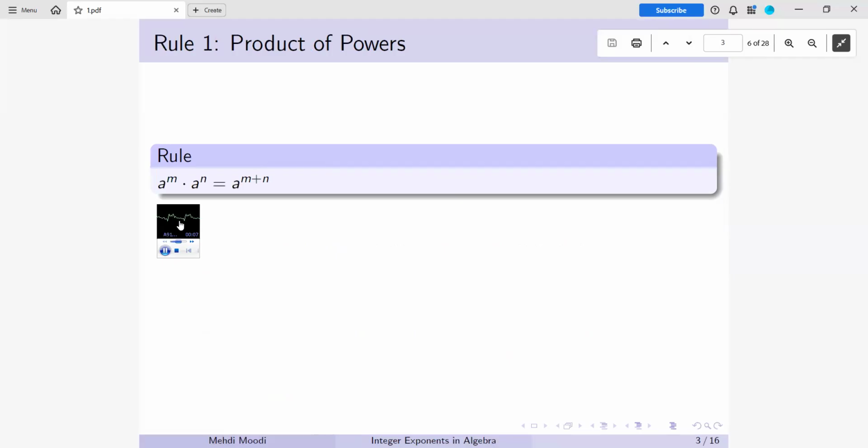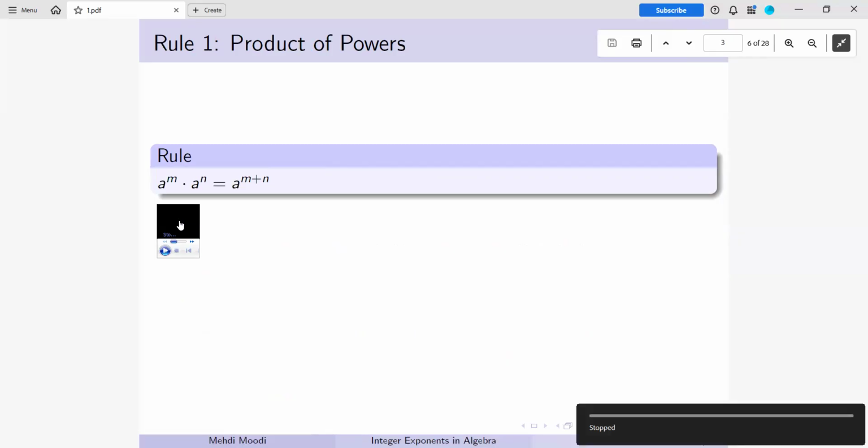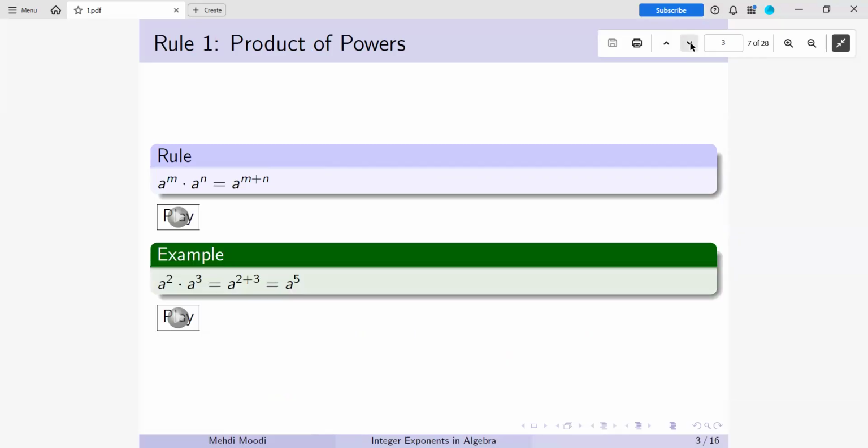It's basic exponent dating mathematics. So when multiplying exponents with the same base, we add the exponents. For example, a squared times a cubed equals a to the fifth.